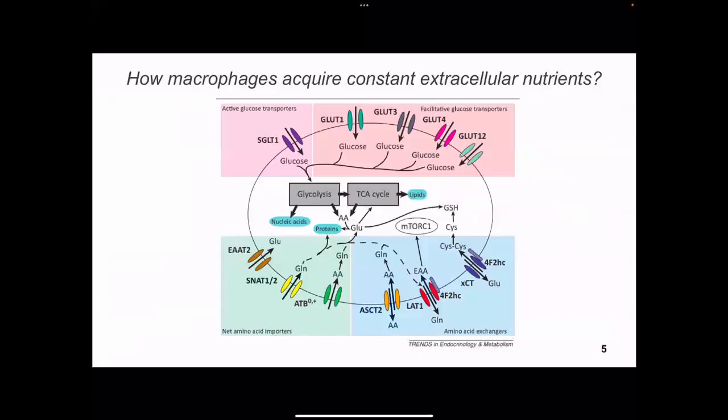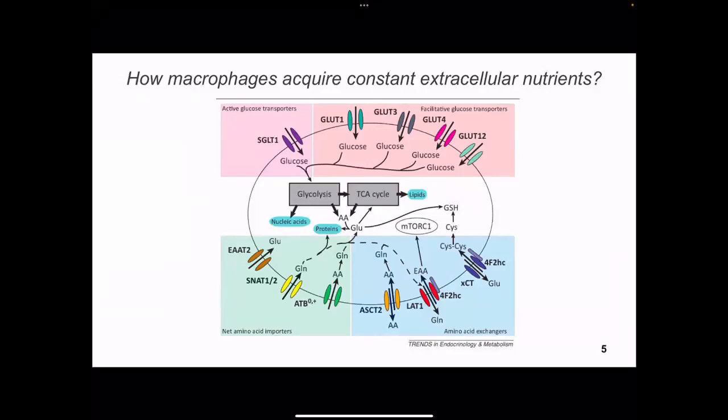So to acquire constant extracellular nutrients, rapidly proliferating cells, such as tumor cells, import nutrients that both fuel ATP generation and also the synthesis of building blocks for new cells.